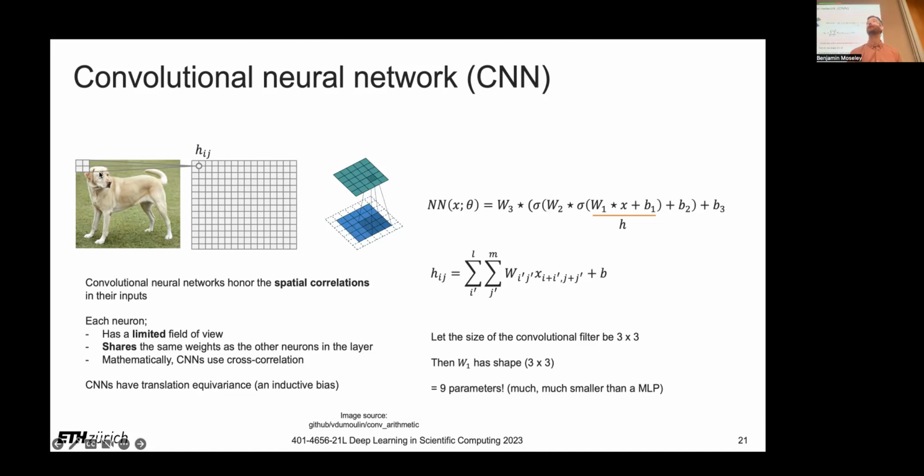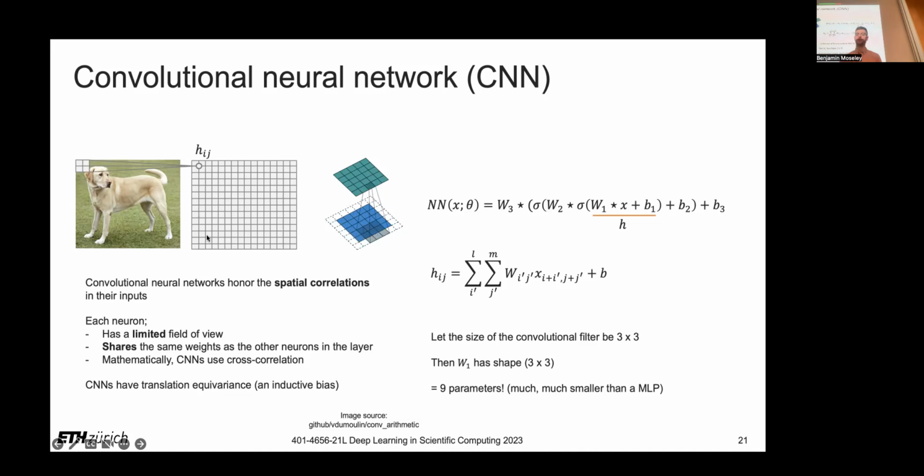Then we're going to use the same kind of equation to get the output of this hidden unit. We take these weights, multiply the inputs with the weights and add a bias vector, and we do that for every single pixel in the output layer. But the key thing is, each neuron here is going to share the same weights. So we're not going to use different weights for each hidden unit.